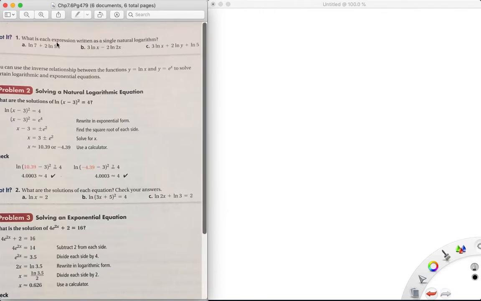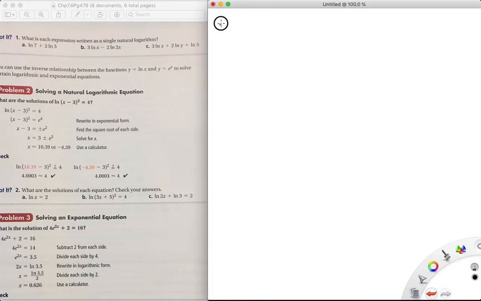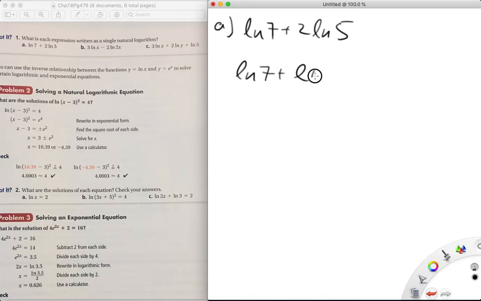So here they want you to write this expression as one natural logarithm. So we have ln of 7 plus 2 ln of 5. I can rename this as ln of 7 plus ln 5 squared, right? The property of power logs.